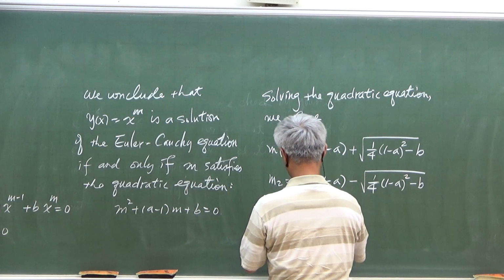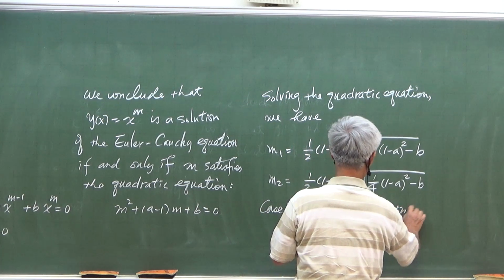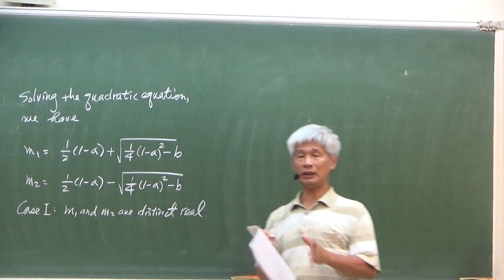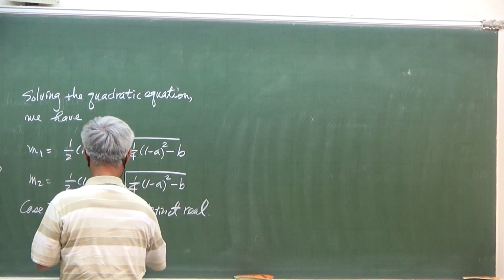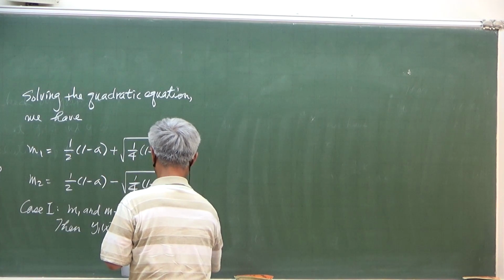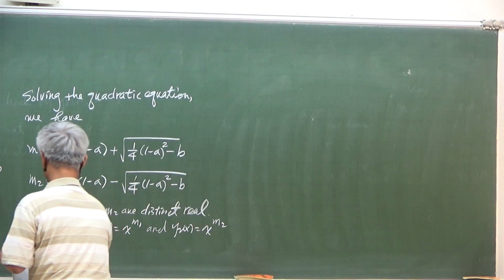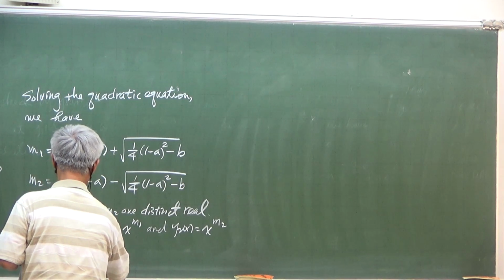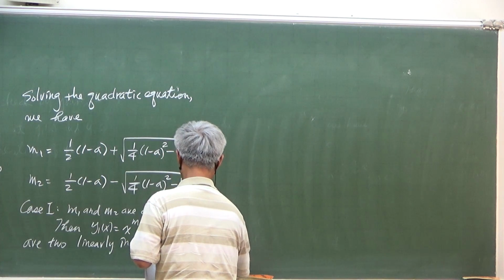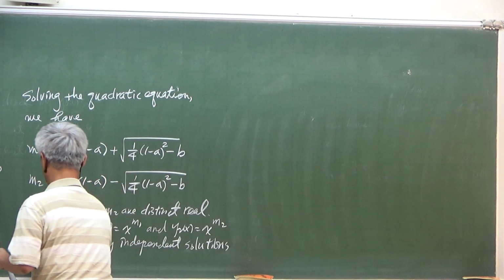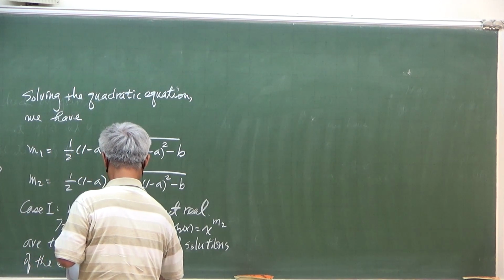Case 1, n1 and n2 are distinct real. When they are distinct and real, then y1(x), which is equal to x to the n1 power, and y2(x), which is equal to x to the n2 power, are linearly independent solutions of the Euler-Cauchy equation.